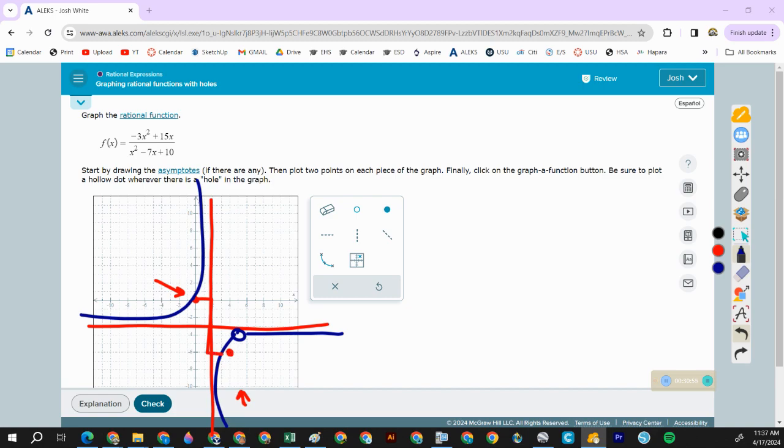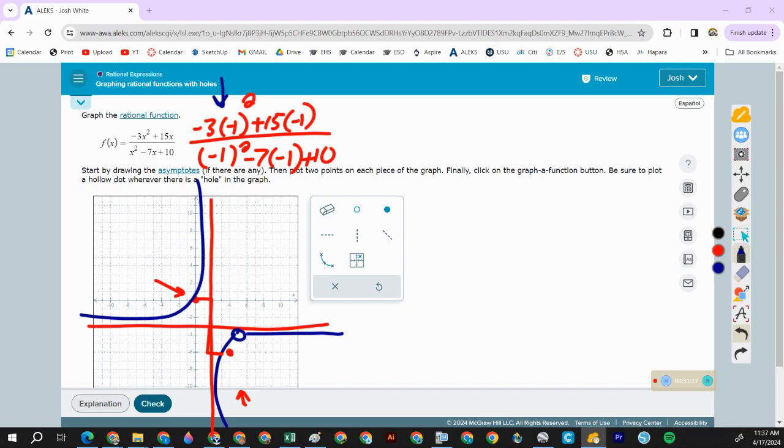So now I need to plug in negative 1. Oh, that's such a mess. Whatever, we have to do it. So negative 3 times negative 1 squared plus 15 times negative 1, over negative 1 squared minus 7 times negative 1 plus 10.